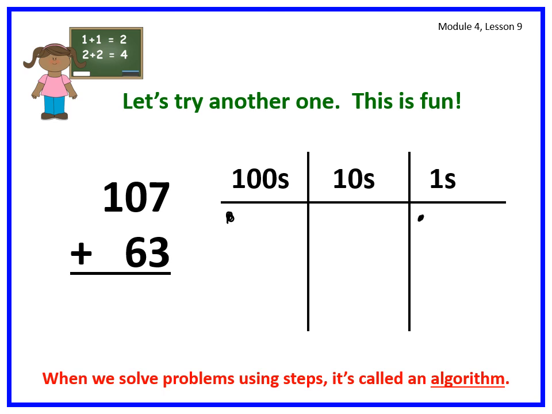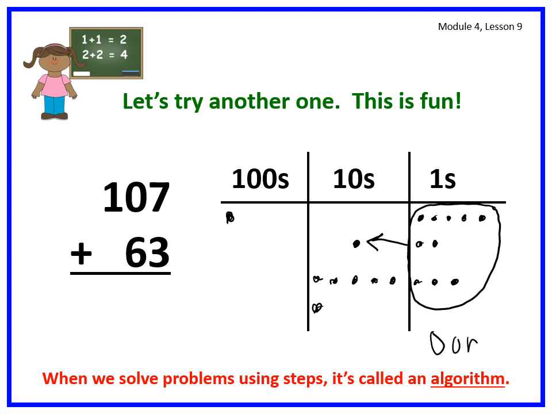No. 7 ones. 1, 2, 3, 4, 5, 6, 7, plus 63. 10, 20, 30, 40, 50, 60, 1, 2, 3. 7 and 3 more make a new 10, so I've composed a new 10. Add that there. So I have 0 ones remaining.